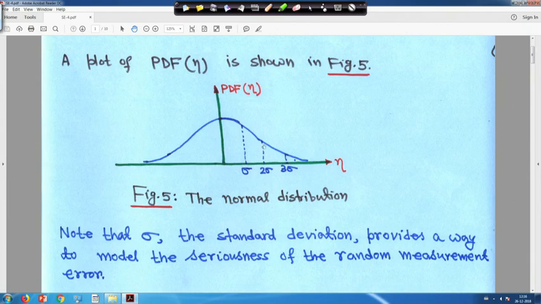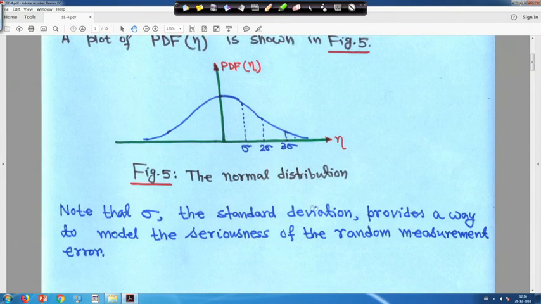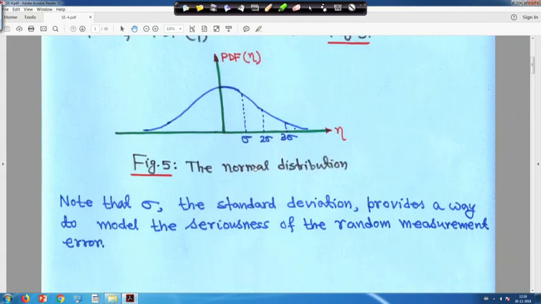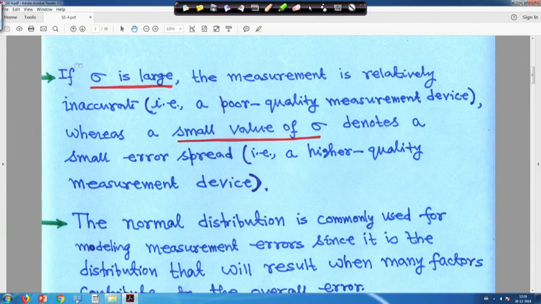And note that sigma, the standard deviation, provides a way to model the seriousness of the random measurement error, right. So, if sigma is large, the measurement is relatively inaccurate, that is a poor quality measurement device, because the standard deviation is large, which means the device is not giving you the best measurement.